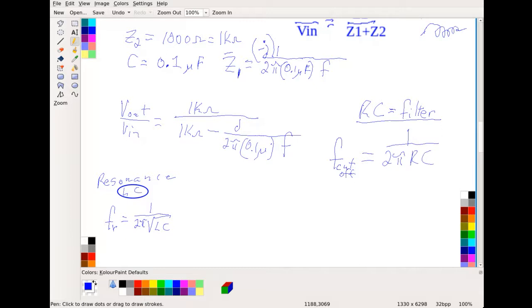There's no square root in there. It's just 1 over 2 pi RC. And this is on page 970 of your book, if you're following along. He goes through and derives all this for you. But the key frequency is this cutoff frequency, which comes directly from the physics of your elements.